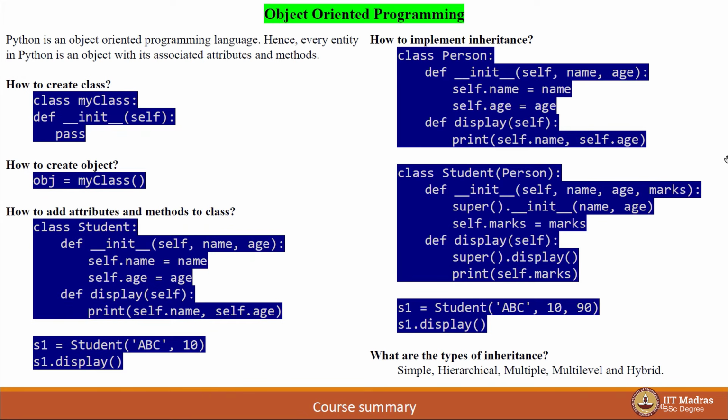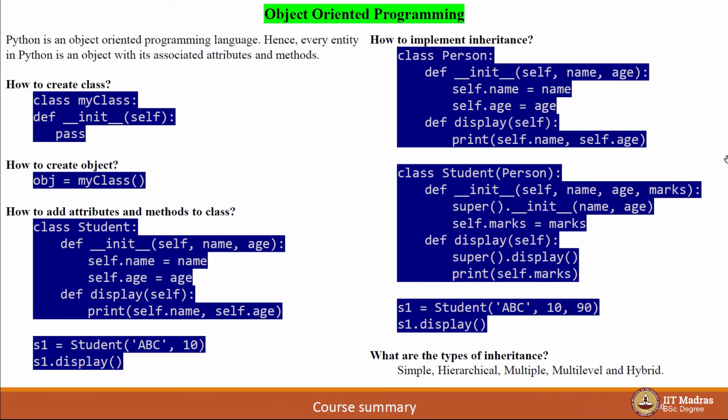We also talked about various types of inheritance, and these types are simple, hierarchical, multiple, multi-level and hybrid. And that is all we have studied in this particular course.